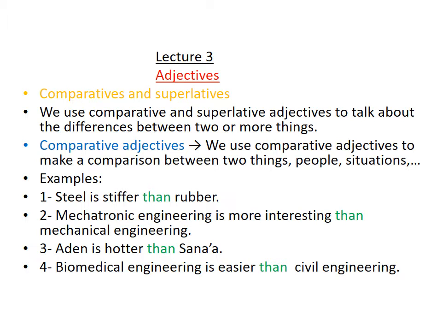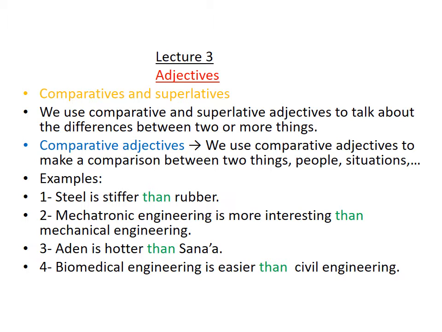So we use comparative very quickly to compare two things, two people, whatever. We add er to the adjective if the adjective is short, one syllable, or two syllables ending with y.